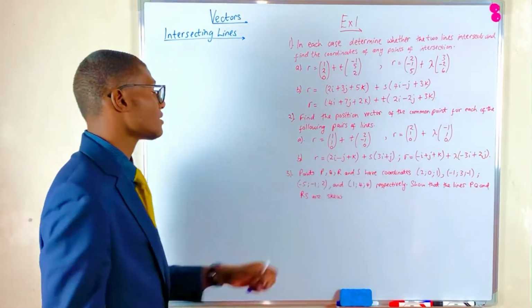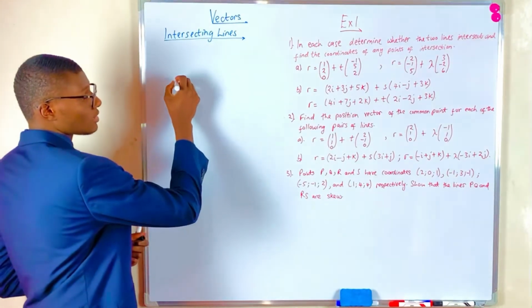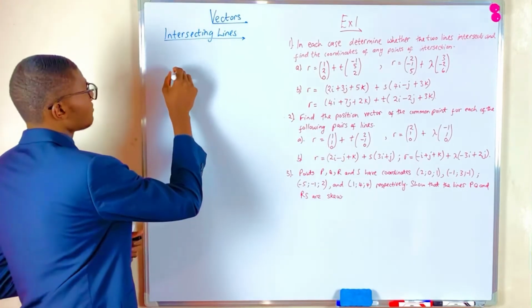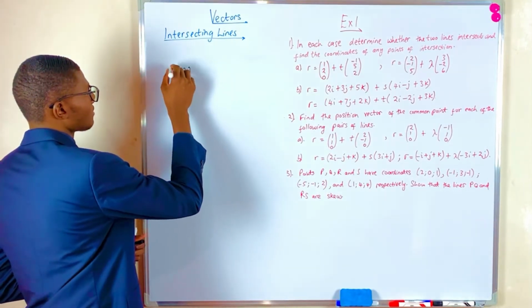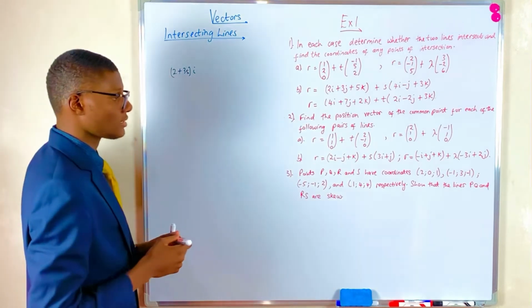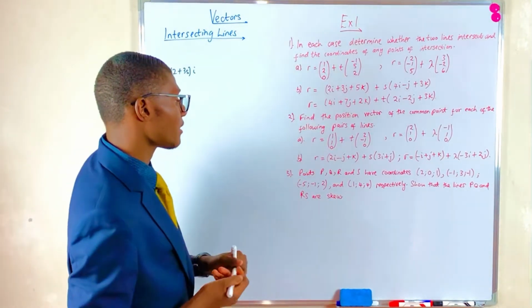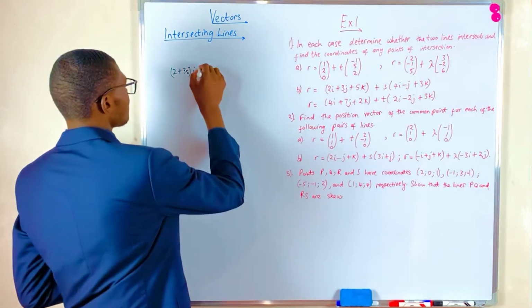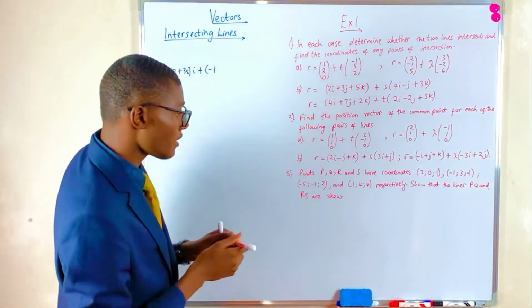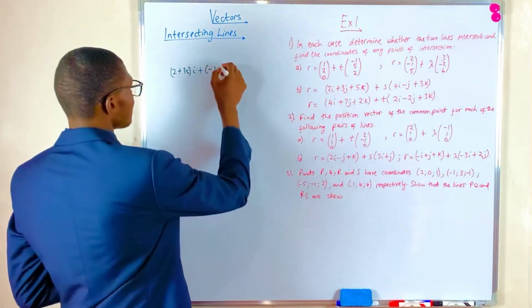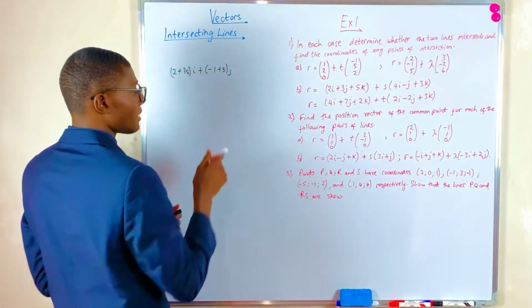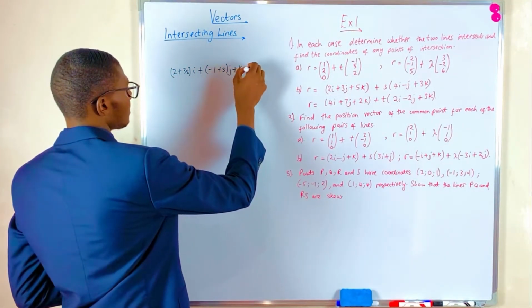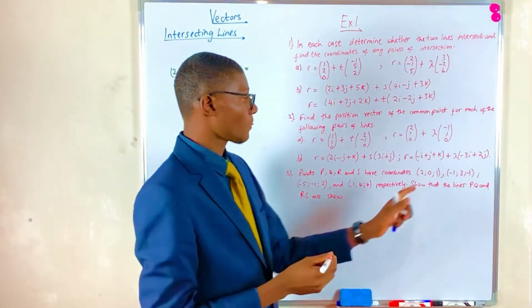So if we combine this, we've got 2i plus 3si, which is simply 2 plus 3s i, and then plus minus 1 plus s j, and then plus k, and this is being equal to this.